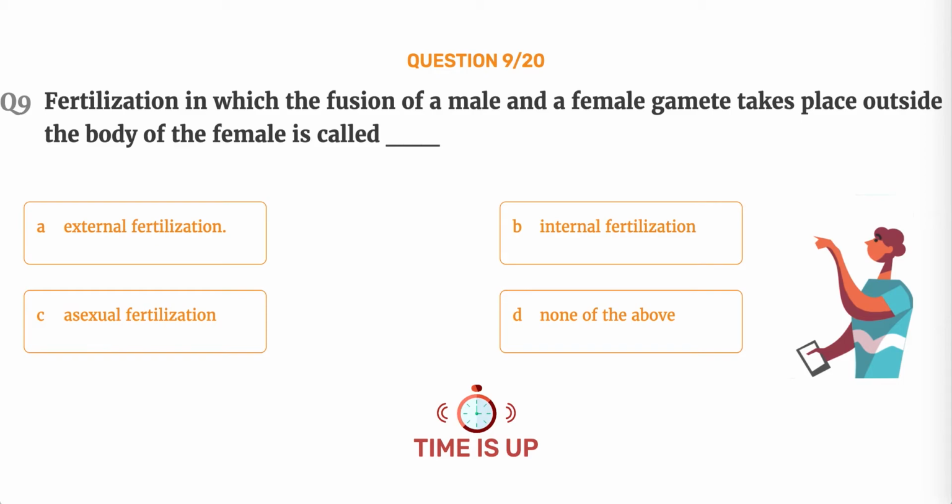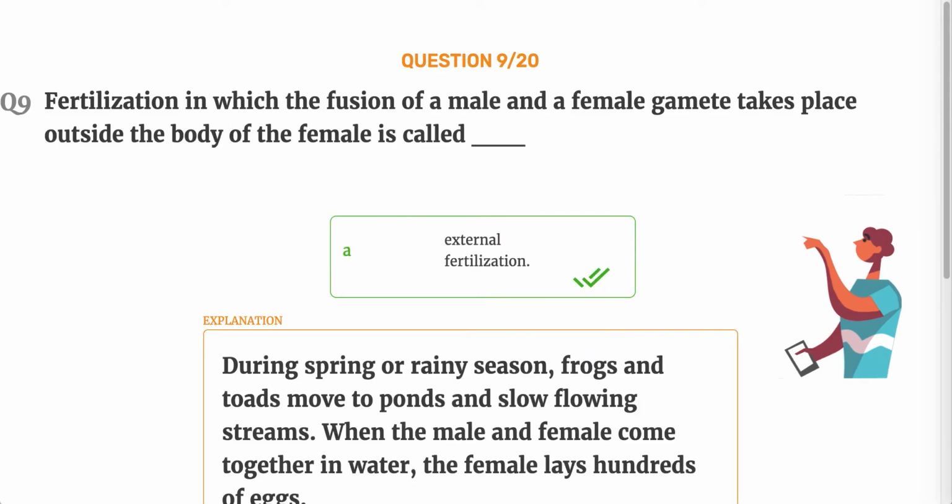The correct answer is option A, external fertilization. During spring or rainy season, frogs and toads move to ponds and slow-flowing streams. When the male and female come together in water, the female lays hundreds of eggs. As the eggs are laid, the male deposits sperms over them. Each sperm swims randomly in water with the help of its long tail.